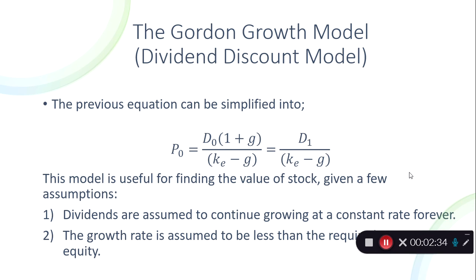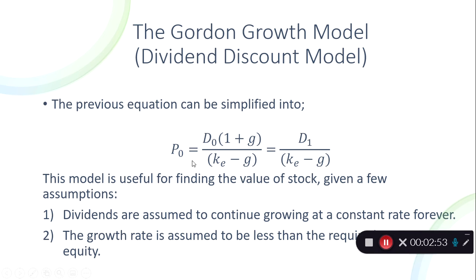The previous equation can be simplified into this simple formula. There is a proof of the equation in your textbook if you are interested in seeing how they come up with this.